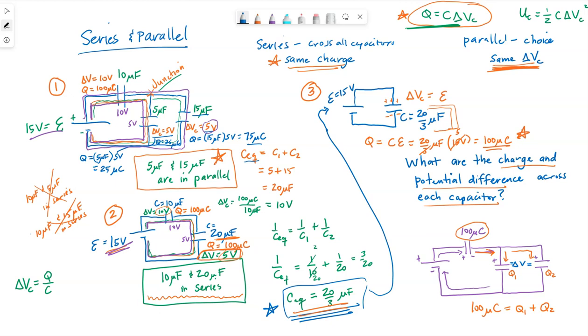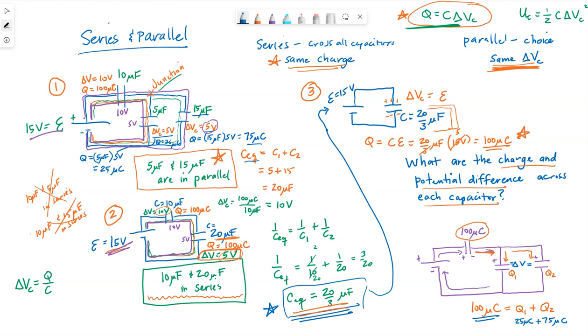The Q1 is 25 microcoulombs, ended up going to that 5 microfarad capacitor. Q2 we calculated to be 75 microcoulombs, the one that went to the 15 microfarad capacitor, which wonderfully adds up to be this 100 microcoulombs. This is a conservation of charge equation and must be satisfied as well.